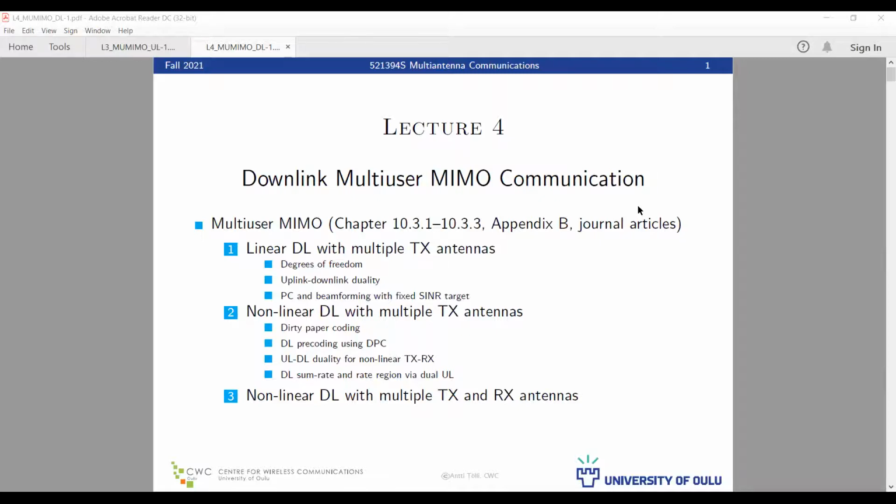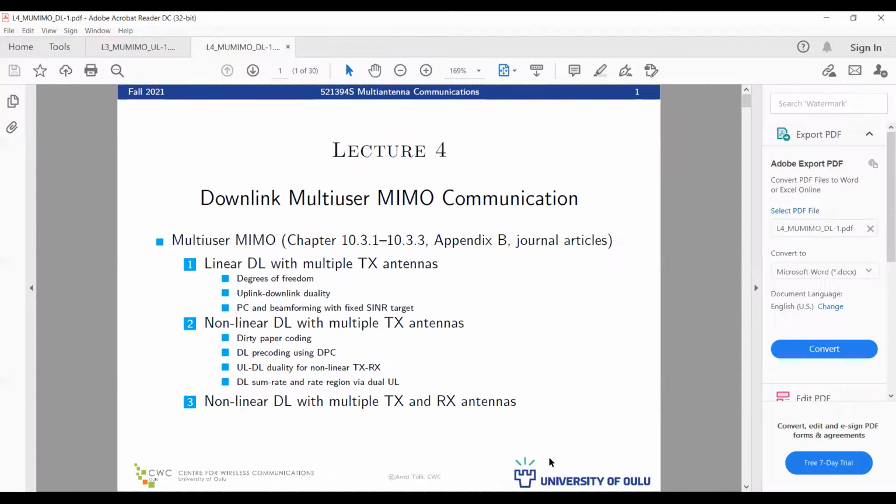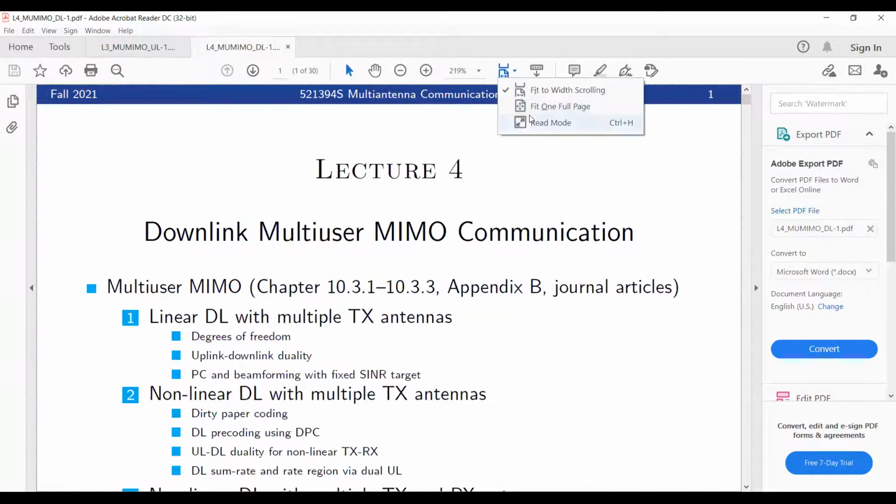So in this slide, we will start introducing this uplink-downlink duality, and we will constrain ourselves first to the linear downlink. So assuming that the number of streams does not exceed the degrees of freedom, and no successive interference cancellation.